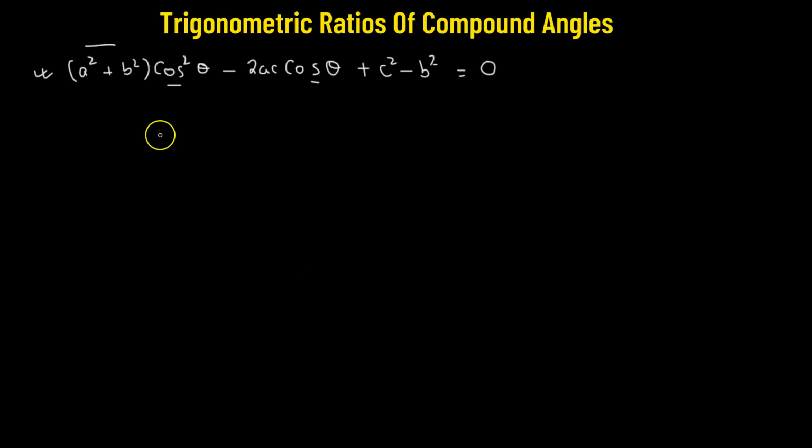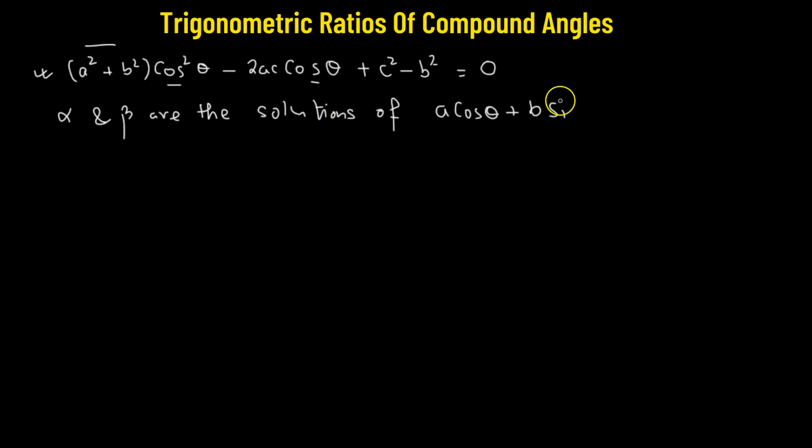It's given here that alpha and beta are the solutions to a cosine theta plus b sine theta equals c. Since we obtained the equation in terms of cosine theta, the new roots, cosine alpha and cosine beta, are the roots of the quadratic equation.